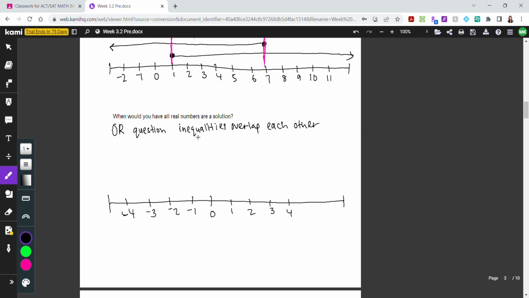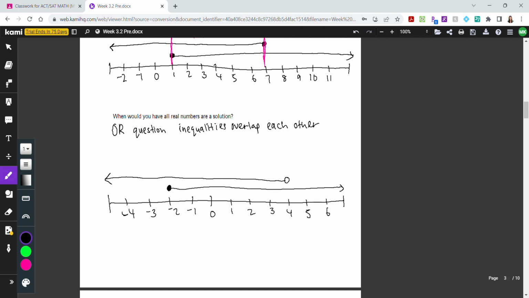All right, so just take any points, right? So this is an or question. Say one inequality goes this way, another inequality goes this way, right? Because an or question includes both, it doesn't matter where they overlap, and if they do overlap, which means all solutions going this way and all solutions going this way will be included, right?